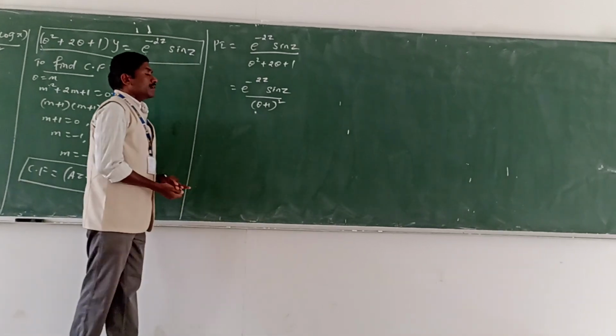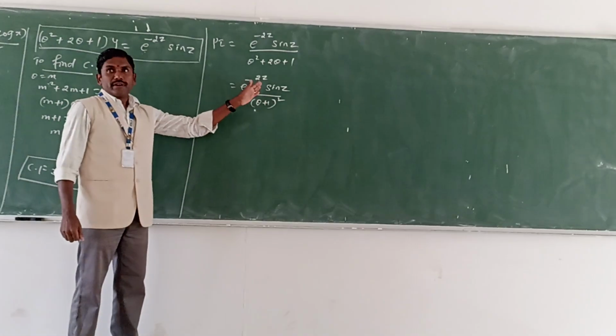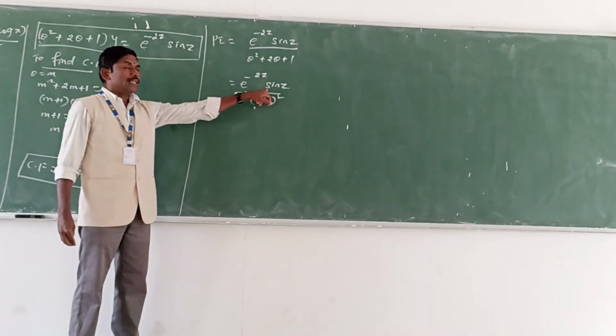Now simplification: in the numerator there is a product of two different functions, exponential and trigonometric function.